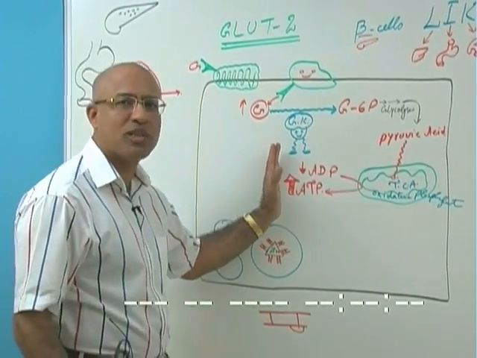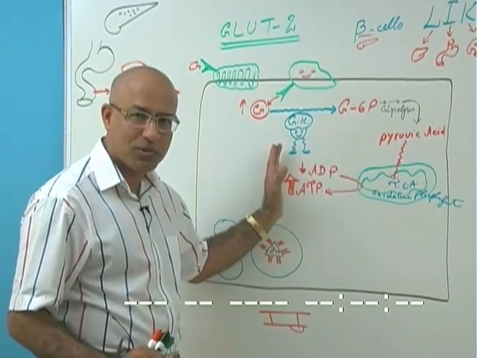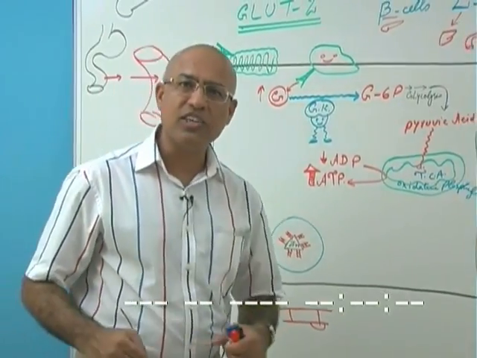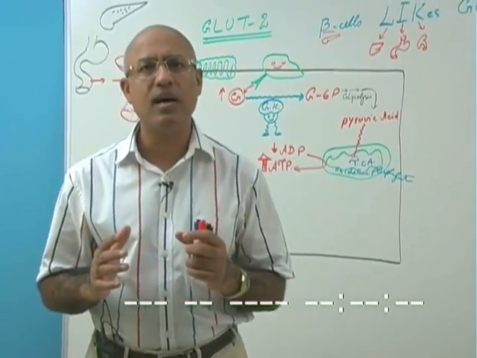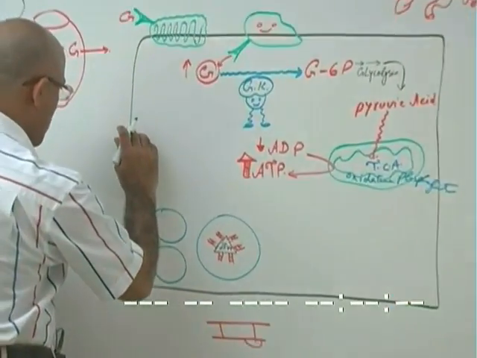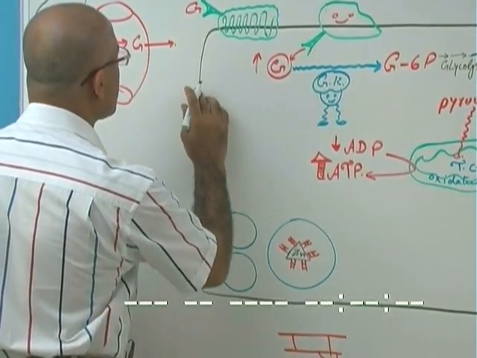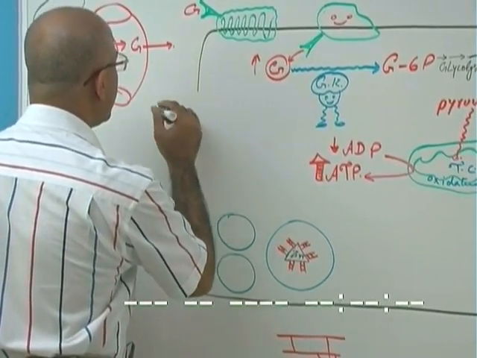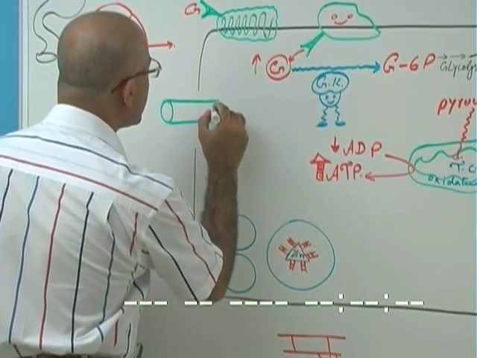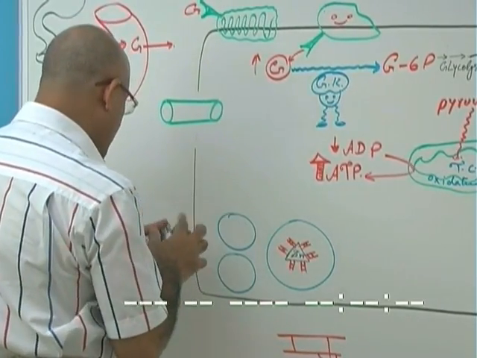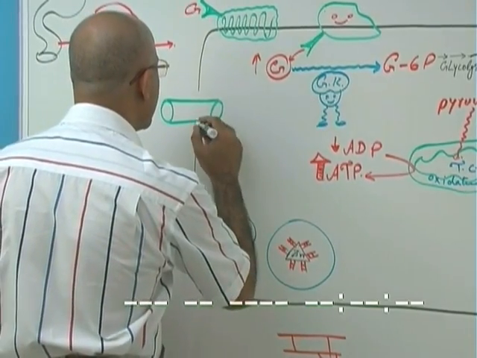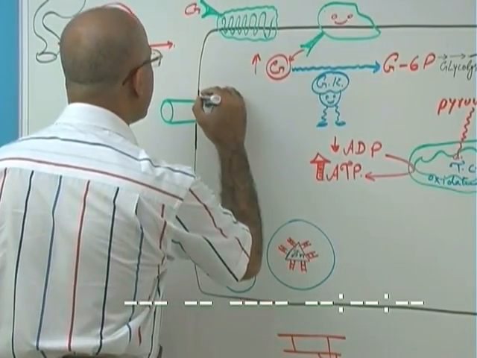Let's stop the story here. I will tell you another part of the story. There are special types of channels, potassium channels, present in the beta cells, right? I will draw it here. This is a very special type of potassium channel which is present in the cell membrane of the beta cell, right?